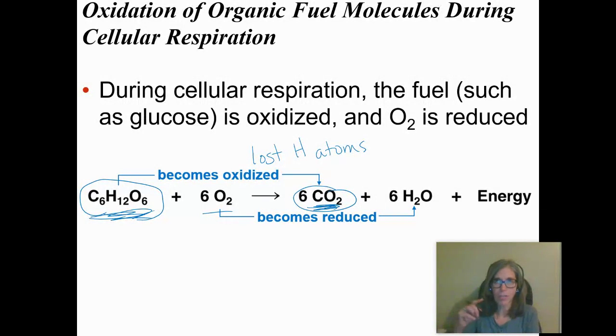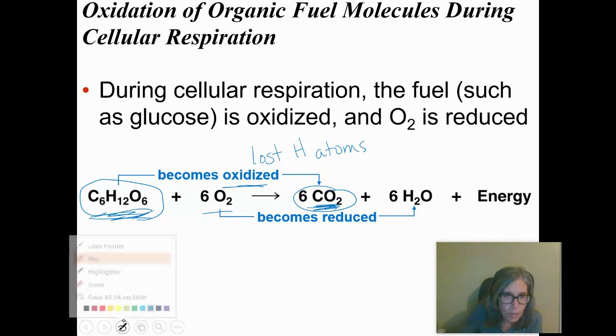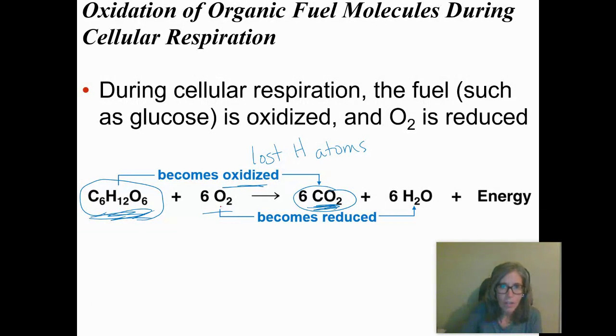And remember, a hydrogen atom is made out of the proton, which I don't care about right this second. I will later, but I don't care about it right now. I've lost a bunch of electrons, right? So if you've lost the electrons, that's actually oxidized, right? As opposed to the oxygen, which has become water.